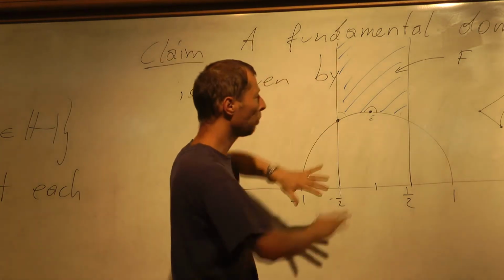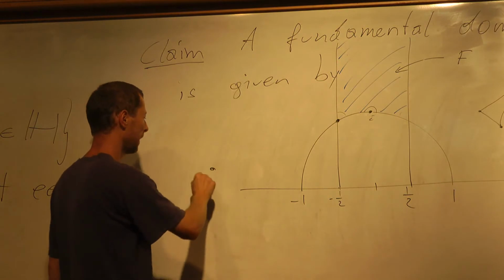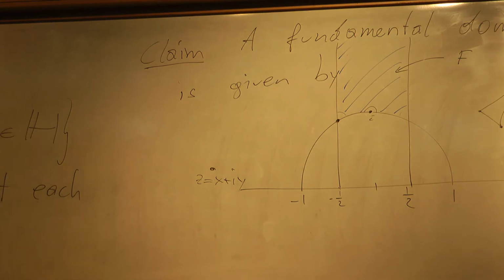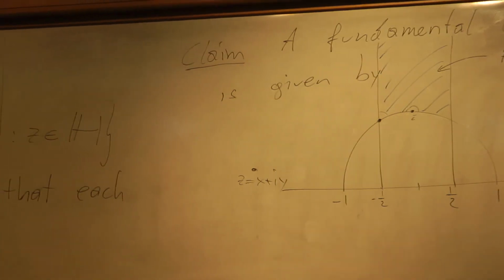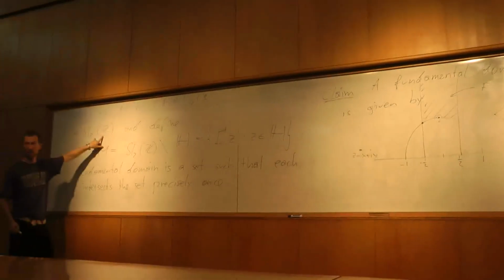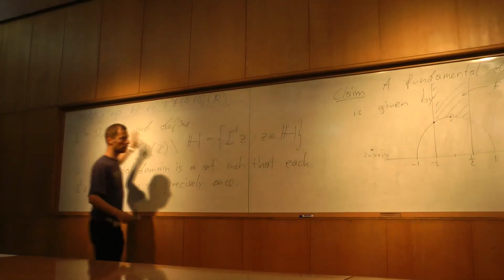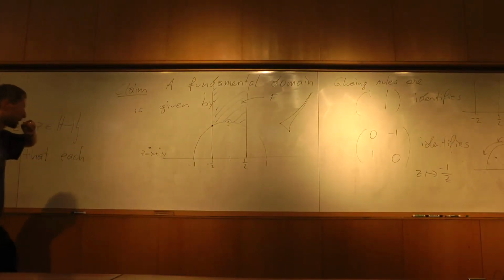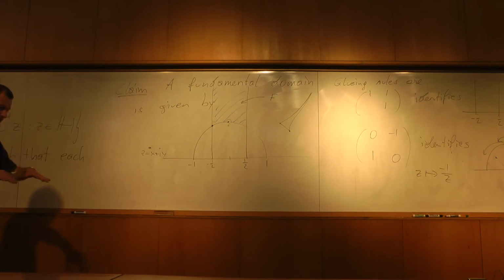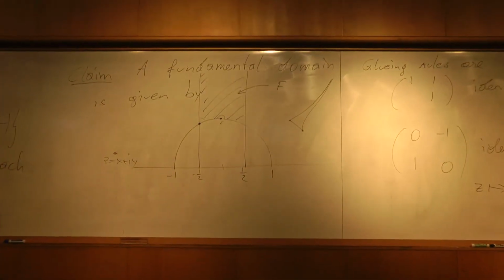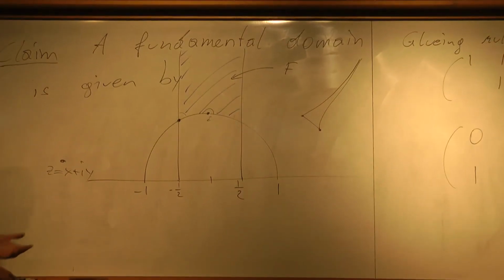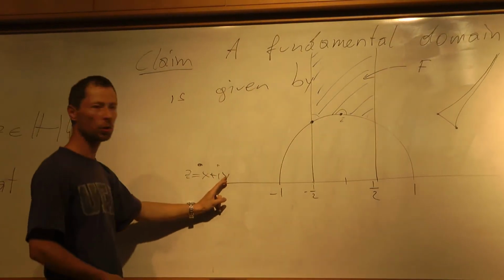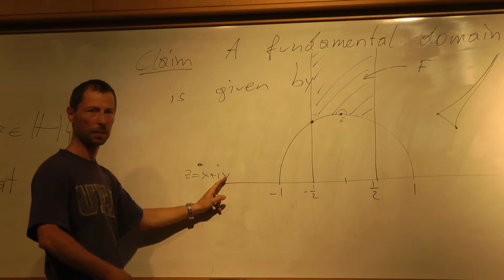Right. I'm claiming that any other point whatsoever, z equals x plus iy, can be mapped by some gamma, now capital gamma, an element of SL2Z, into the fundamental domain. Usually you find this done really as a procedure. In the books you prove it like this. You first try to maximize the y-coordinate along the orbit.